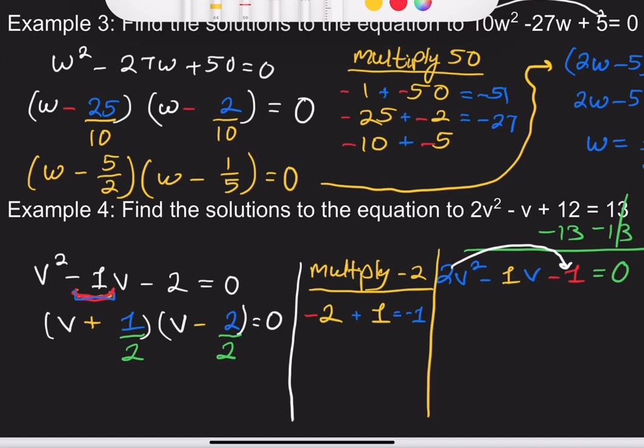So because we can't divide that, we're going to stick our 2 in front of the variable to give us 2v plus 1. In the other parentheses, 2 divided by 2 is equal to 1. So there's no need to do the same thing. We receive a whole number when we divide. V minus 1, and that is equal to 0.